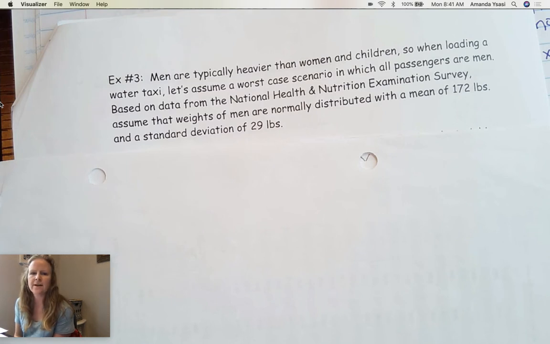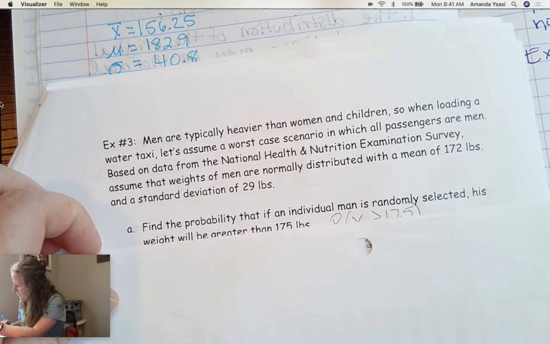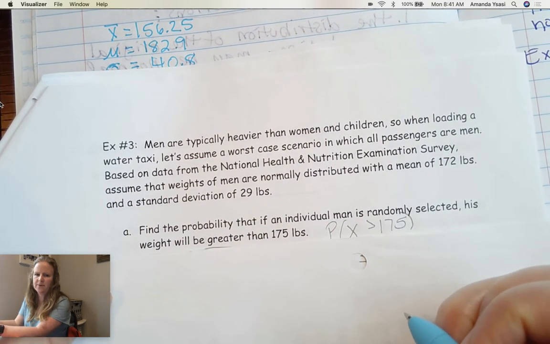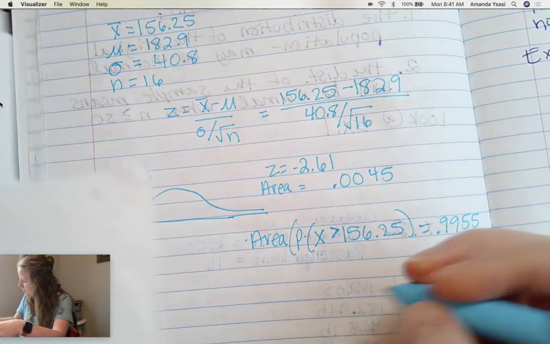Based on data from the National Health and Nutrition Examination Survey, assume that the weights of men are normally distributed with a mean of 172 and standard deviation of 29. So our question is, find the probability that if an individual is randomly selected, his weight will be greater than 175 pounds. So let's write down the important information.